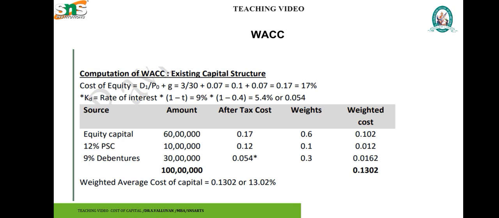So we are applying these components to arrive at the weighted average cost of capital.